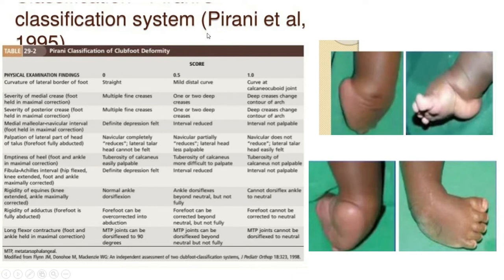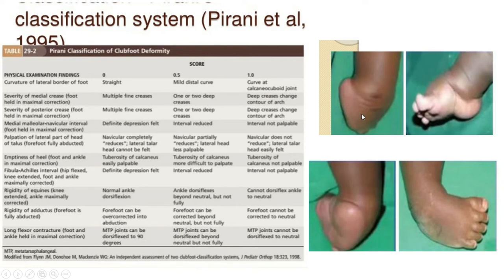Recently, as per the modified Pirani, he described that 10 points have to be seen in a CTEV foot, and according to the degree of that deformity he gave a score of 0, 0.5 or 1. If the total score is high, it means the deformity is very high.